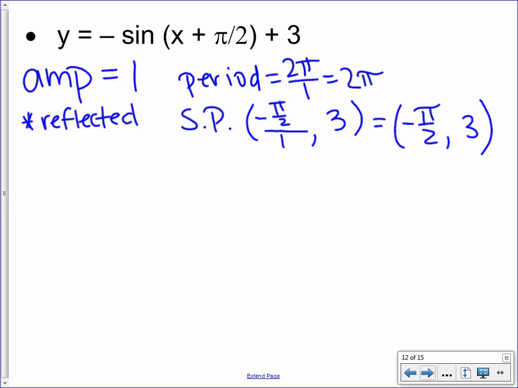All right, so our starting point is negative pi over 2, 3. I'm not going to draw our x and y axis until the very end, okay? So here's our starting point. We're going to go up 1 and down 1. And we're going to go over how far? 2 pi.